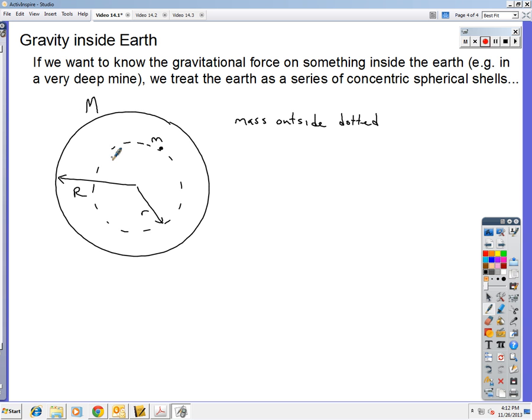And so none of the mass outside the dotted circle matters. And then all the mass inside the dotted circle can be treated as a sphere. So the mass inside the dotted line does matter, mass outside doesn't.